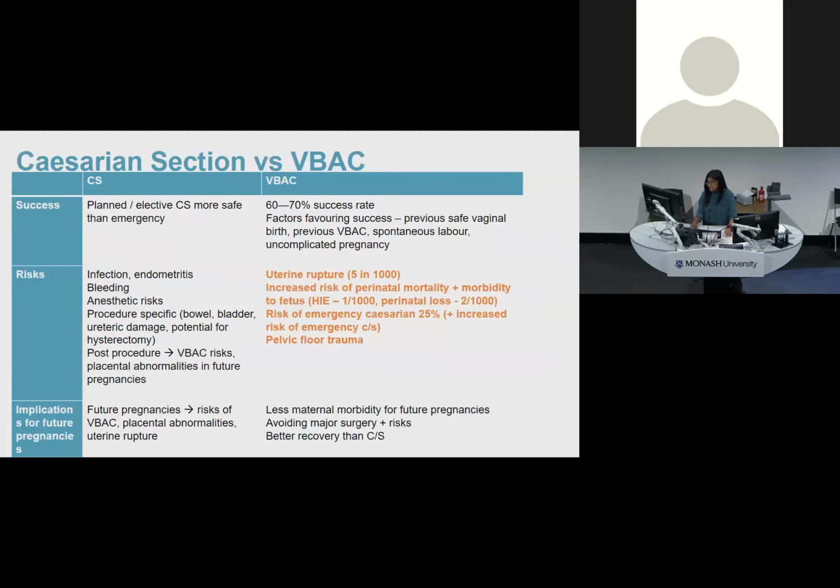Risks for VBAC: uterine rupture, know this, 5 in 1,000, increased risk of perinatal mortality, and a risk of a need for emergency cesarean section in 25%, which is quite a lot. It's important to again reiterate that emergency C-sections are safe, but they're less safe than planned cesarean sections. And you can also have pelvic floor trauma, as with any vaginal birth.